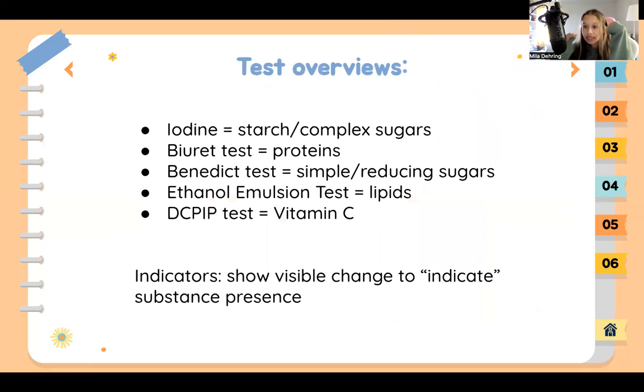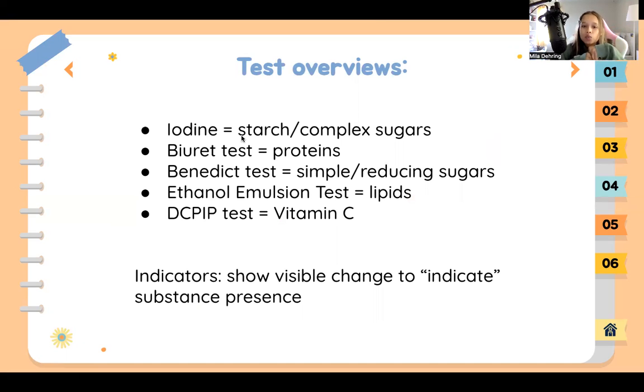And in these tests, there are going to be indicators, which are some sort of visual aid to indicate that this substance is present. So typically this would be colors. In all of these tests, the color will be the main determinant, except for the emulsion test, which will be the actual look of the test, the emulsification of the substance, but the rest of them will be color.